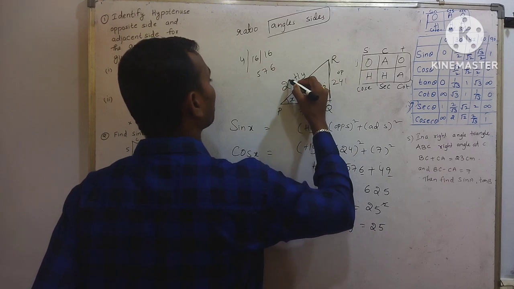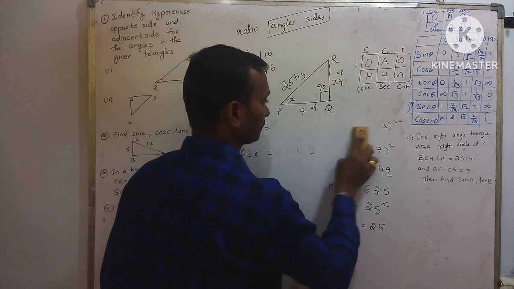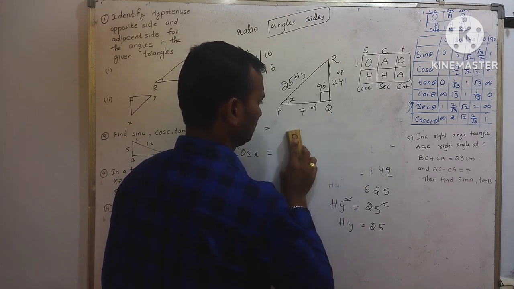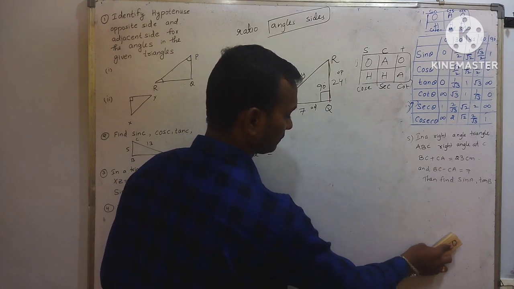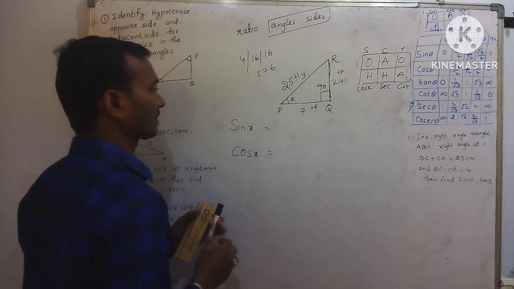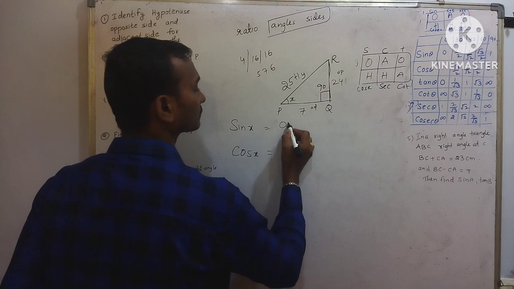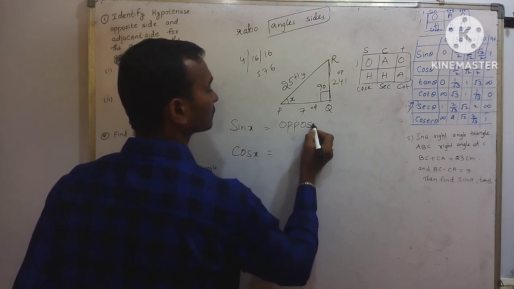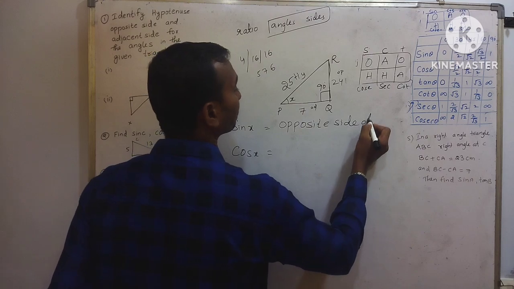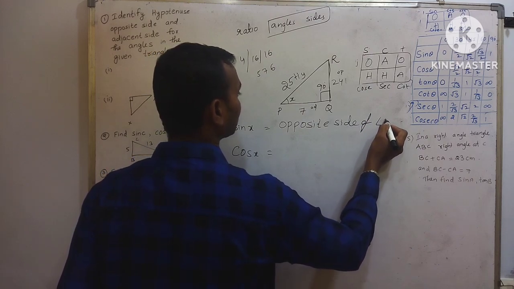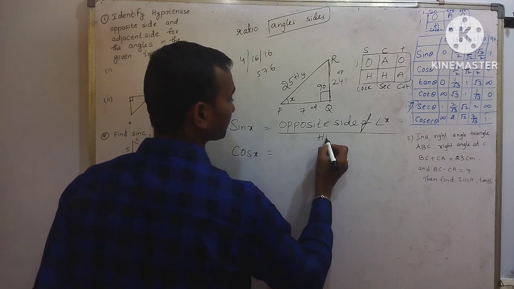After calculating the hypotenuse, now we will write the sin x and cos x values. Sin x is the opposite side of angle x by hypotenuse.